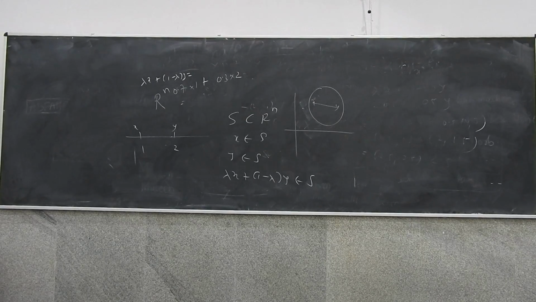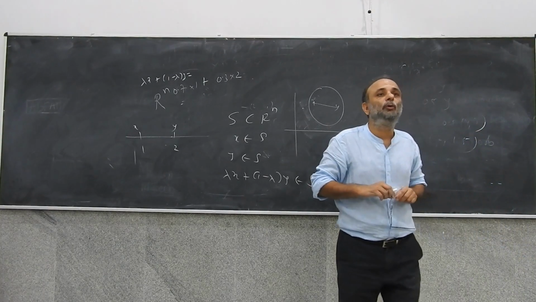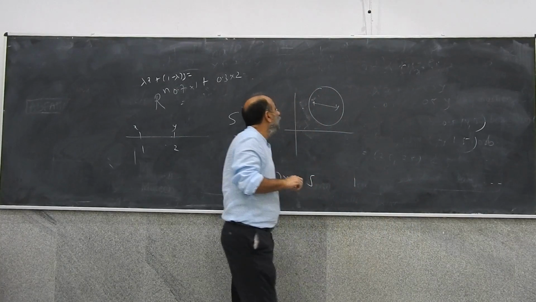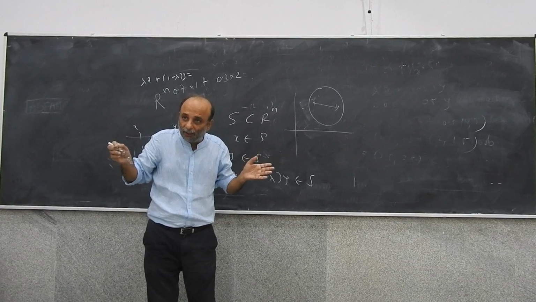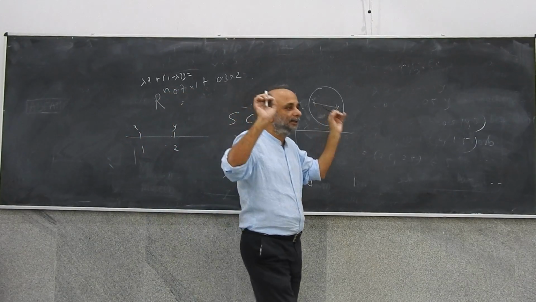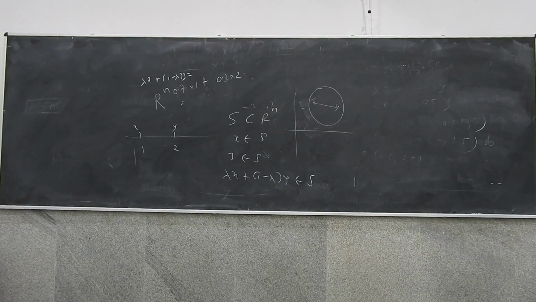All linear combinations of x and y must belong to S. We say set S is convex if whenever x belongs to S and y belongs to S, any linear combination of x and y must also belong to S. So a set is convex in R2 if for any two points in it, the line joining these two points lies entirely within the set.